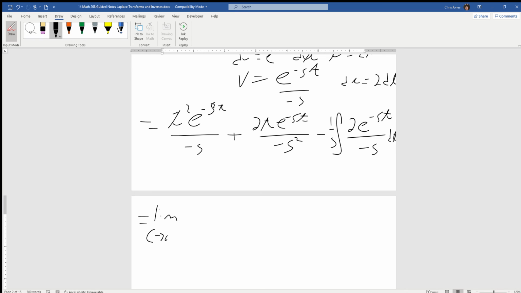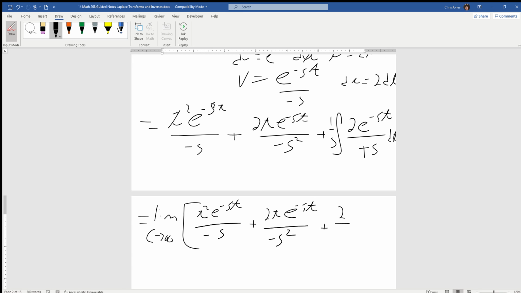So limit as c approaches infinity of t squared e to the minus st over negative s plus 2t e to the minus st over negative s squared, and then this is going to be a plus, so we're going to end up with plus 2 over s squared, so that's just this 2, this s, and this s, and then we're going to have an e to the minus st divided by negative s, and all of this is going to go from 0 to c.